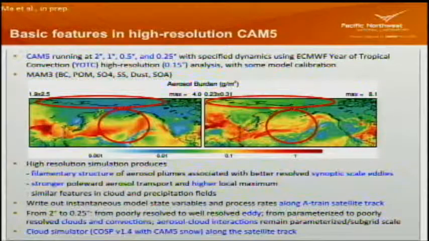The last one is that we know aerosol cloud interactions remain parameterized and at subgrid scale. Lastly, I also use the cloud simulator along the satellite track, and I'll show that in a minute.